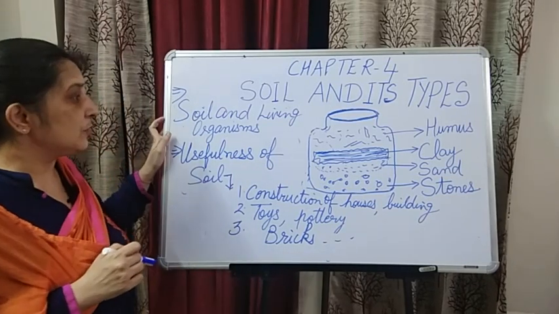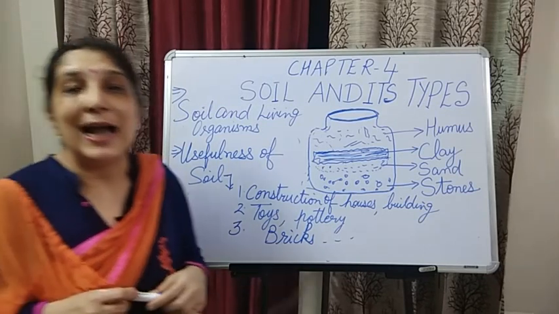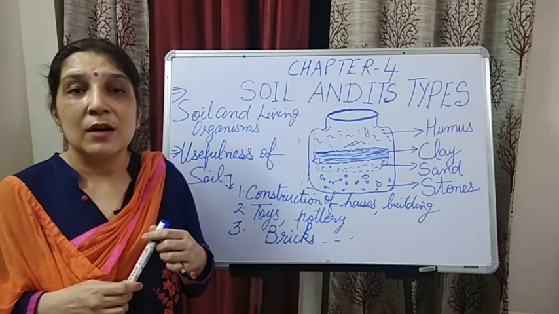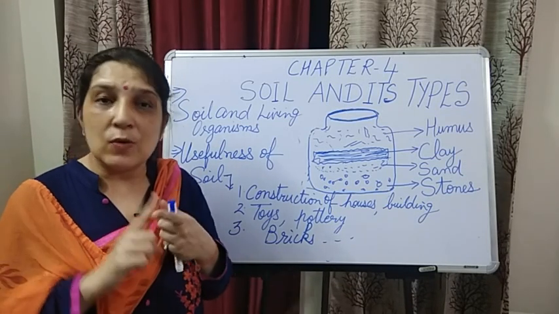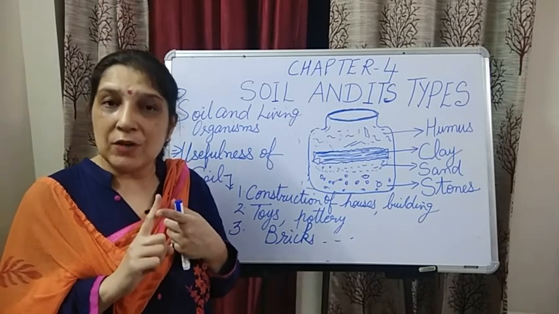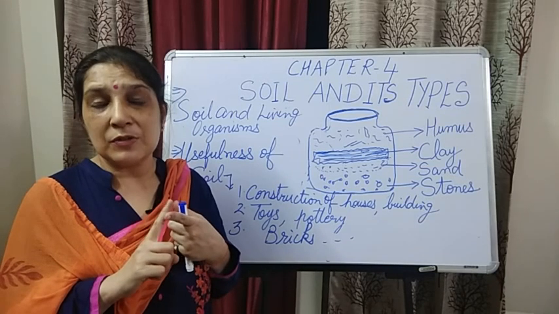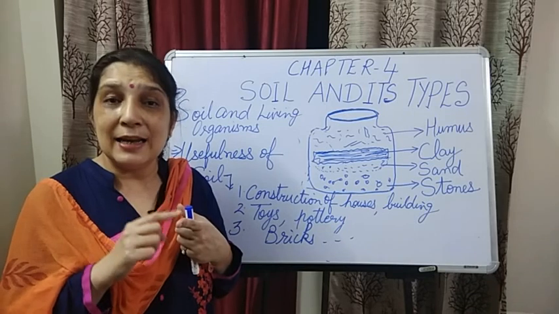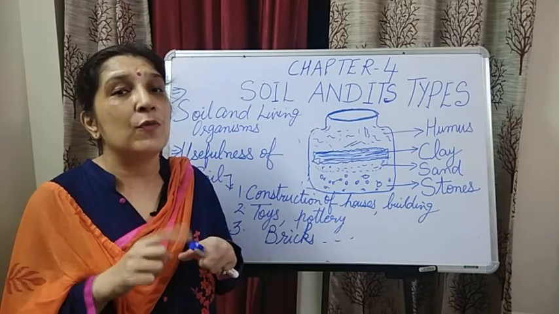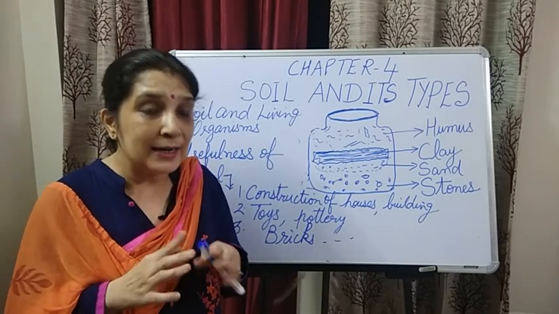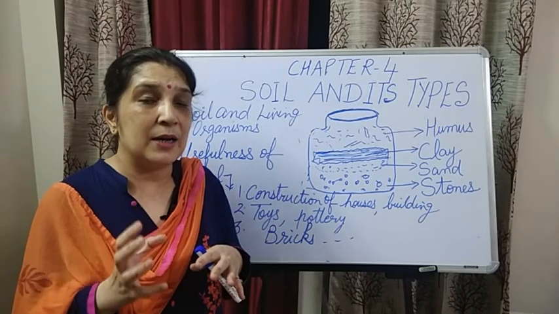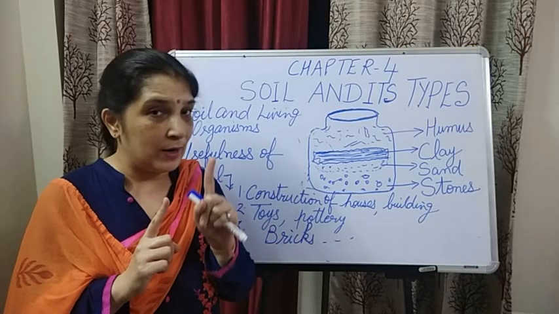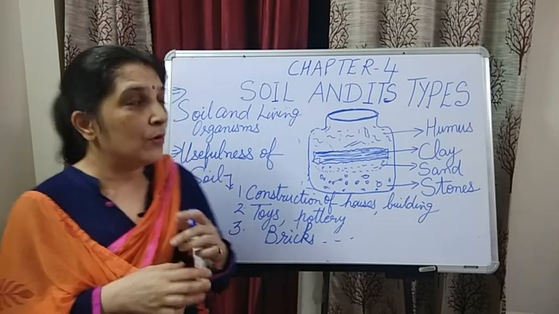Then we discussed today soil and crops. Farmers think about the soil first, which kind of crops they should grow. The first thing they keep in mind is what kind of soil they have, and then which kind of soil is good for which kind of crop, and then they make a final decision about the crop. So first soil is in their mind, and then they come to the crop.